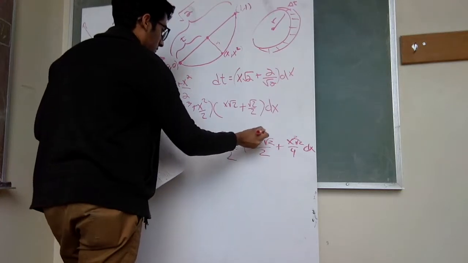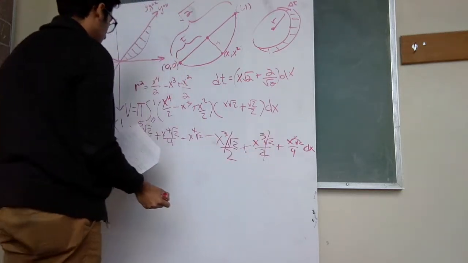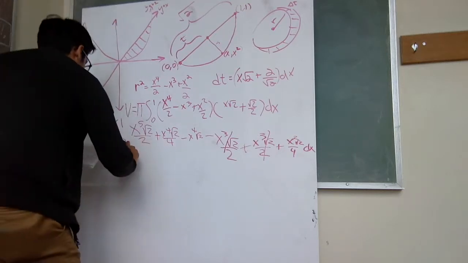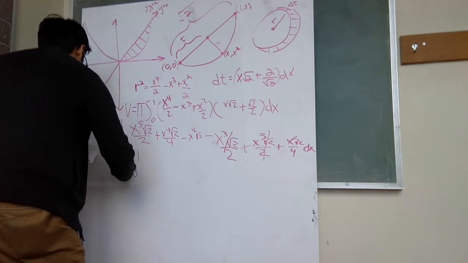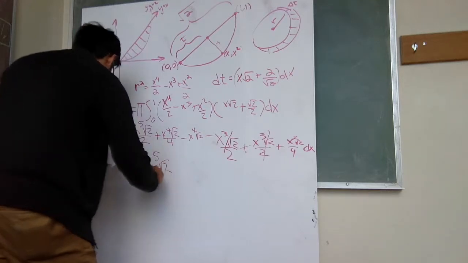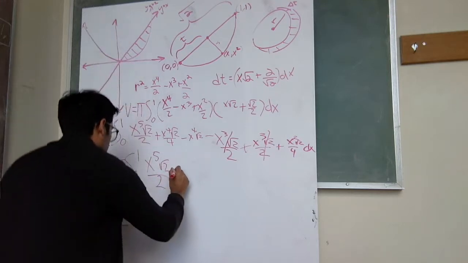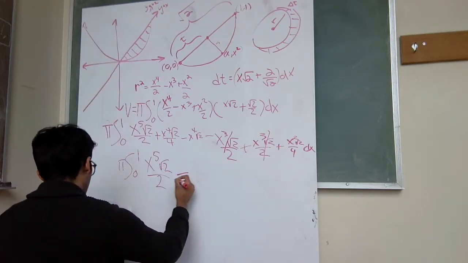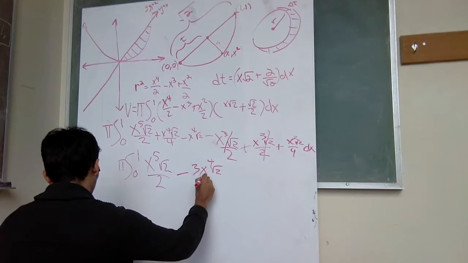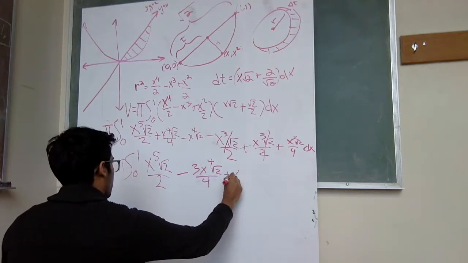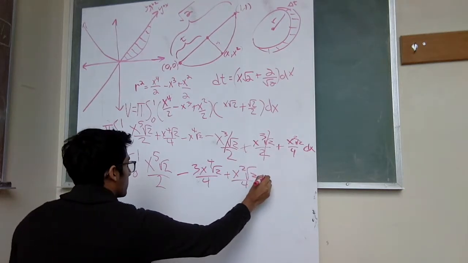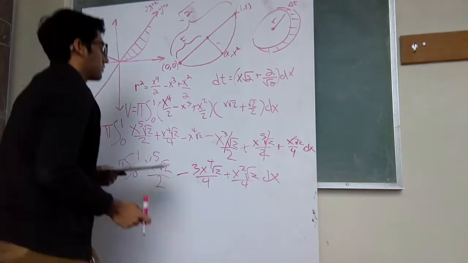So these two will go away, and then we're just left with this: x to the 5th square root of 2 over 2 minus 3x to the 4th times square root of 2 over 4 plus x squared root of 2 over 4 dx. Now we just have to integrate this.